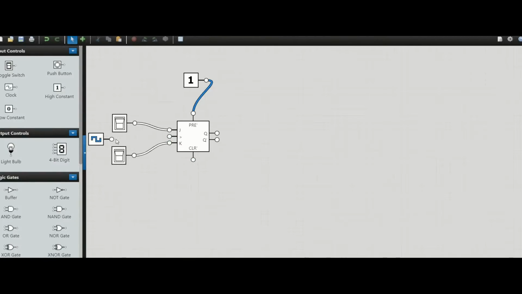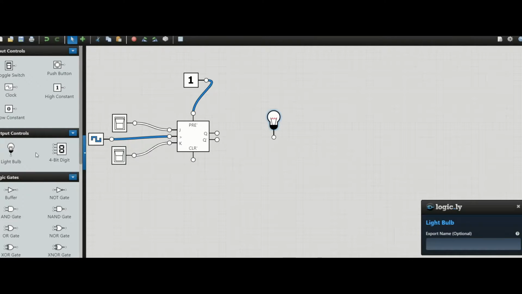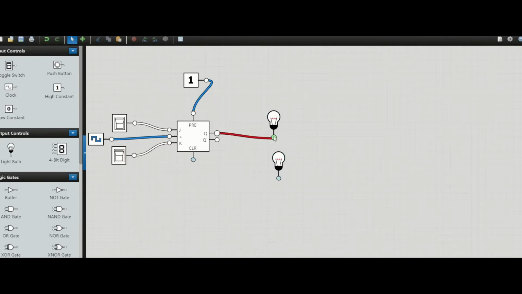JK flip-flop. Now we are wiring two switches, one clock signal, and two outputs. We're connecting Q and Q dash to the outputs. Turning it on, you see the bulb is glowing.